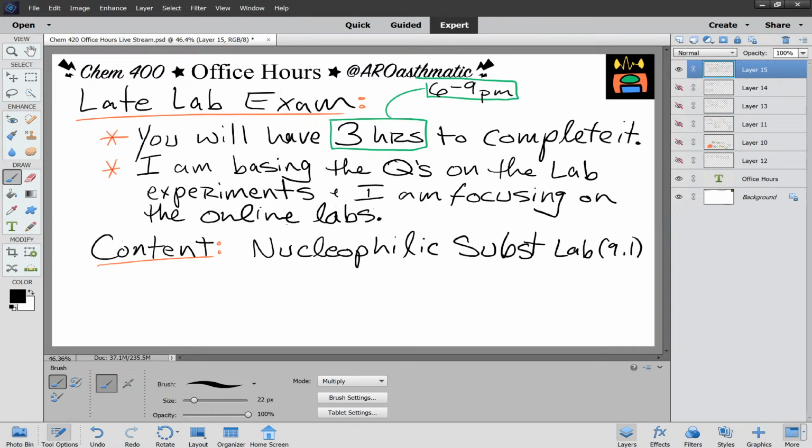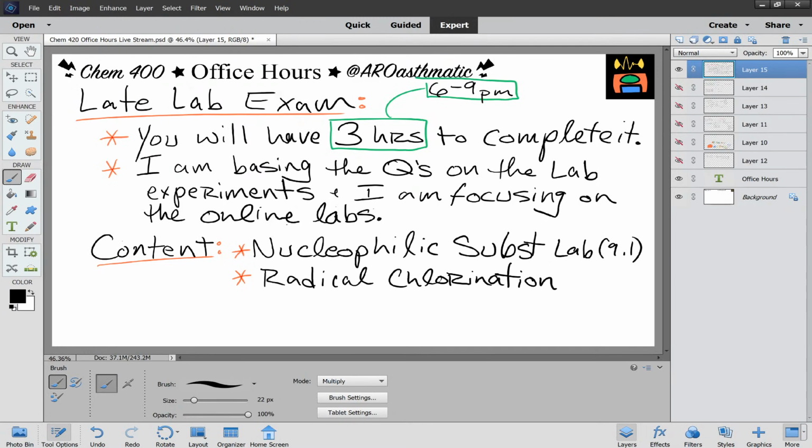Right, 9.1. There's a problem based on that lab. I also have a problem so far based on the radical chlorinations. So that's definitely covered.